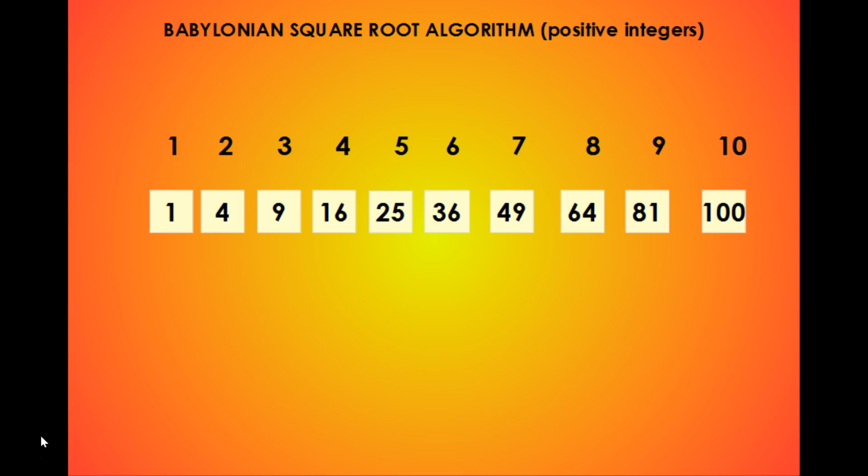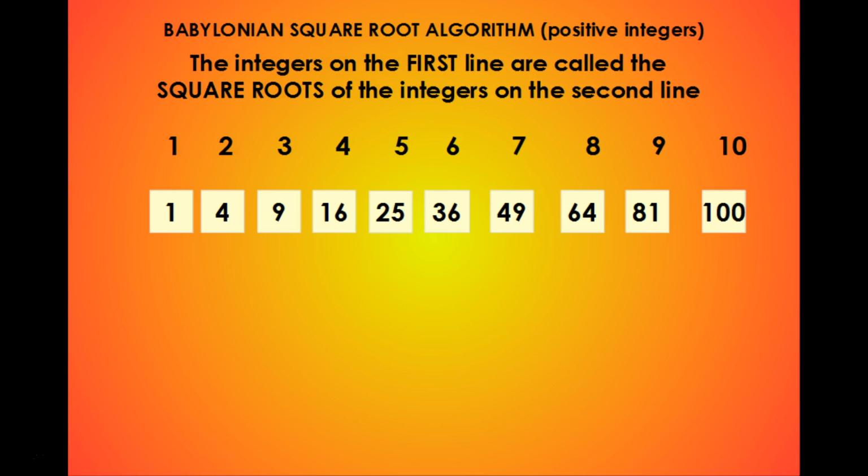Looking at numbers on the second line, you can ask which number was the root of the squaring that gave rise to that number. So the integers on the first line are called the square roots of the integers on the second line.